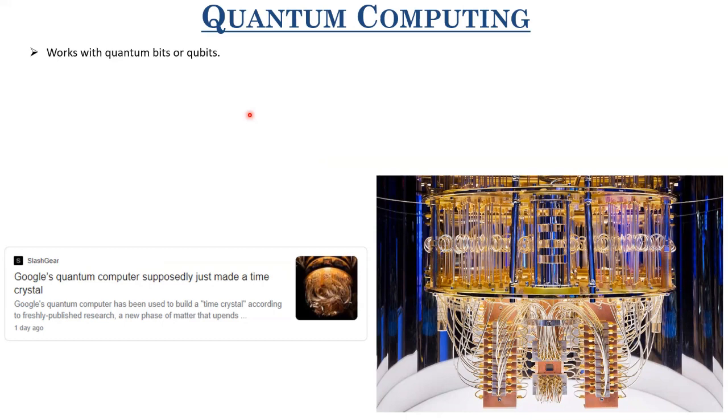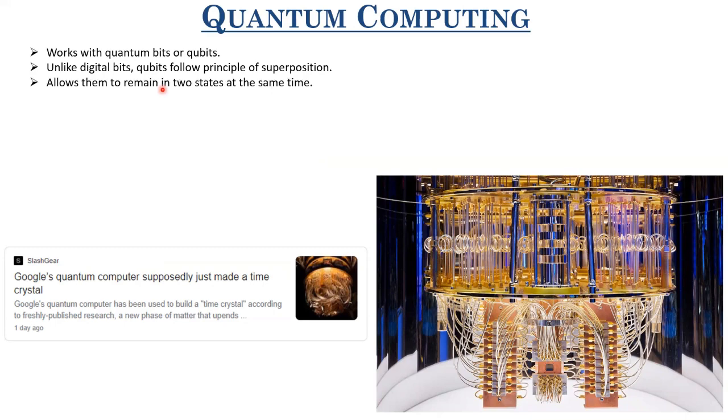Unlike digital computing, where you work with the logic bits, which are 0 or 1, here you work with quantum bits or qubits. So what is so special about qubits? Unlike digital bits, they follow a principle of superposition. What exactly is superposition? Superposition means that they can remain in two states at the same time.